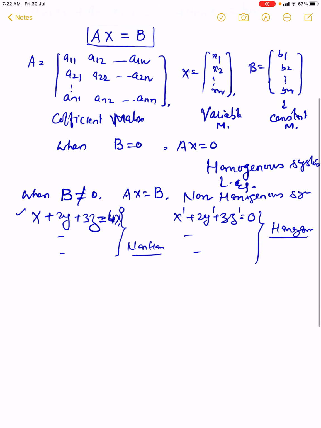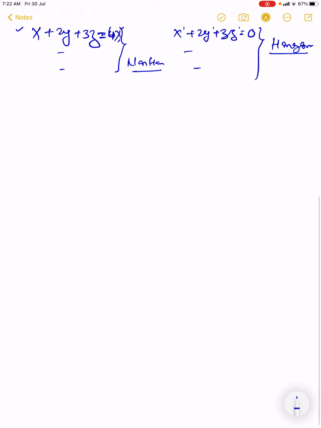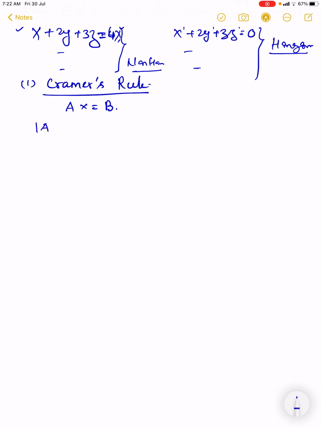Now today we will study how to solve the non-homogeneous system of linear equations. First is Cramer's rule. In this rule, for AX equal to B, first we find the determinant value of A. Evaluate what the determinant of A will be.